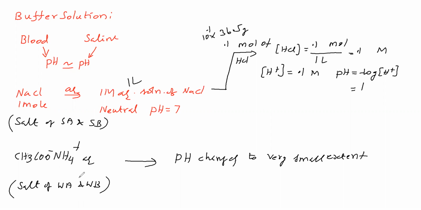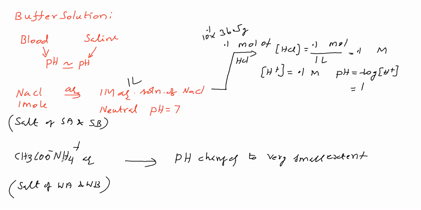So, one example we have taken, a salt of a strong acid and a strong base. It is not a buffer solution, we said. The next example we have taken, a salt of a weak acid and a weak base. This is a buffer solution, we said. Is there any other example for this? Other types of salts, shall we take? One we said was strong acid plus strong base salt. Next, weak acid plus weak base salt.